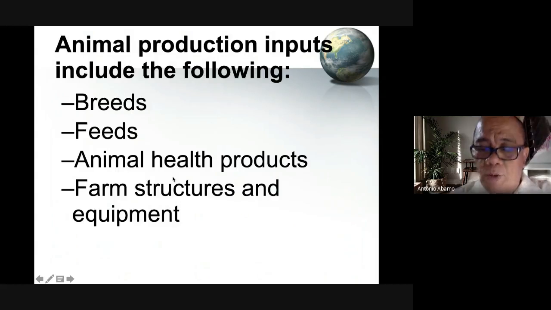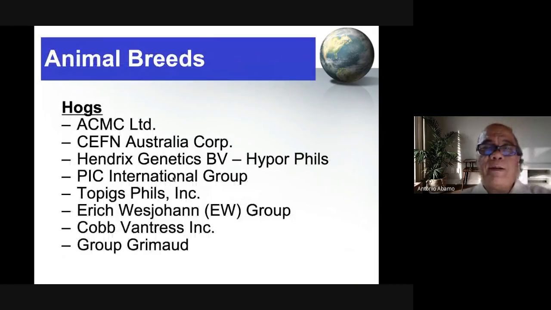Okay. So in terms of animal breeds, you will notice that hogs dominate the major players of animal breeding in the country. These are some of the key players, and you will notice that these are all foreign corporations operating in our country to provide us with up-to-date breeds of animals for our livestock industry.